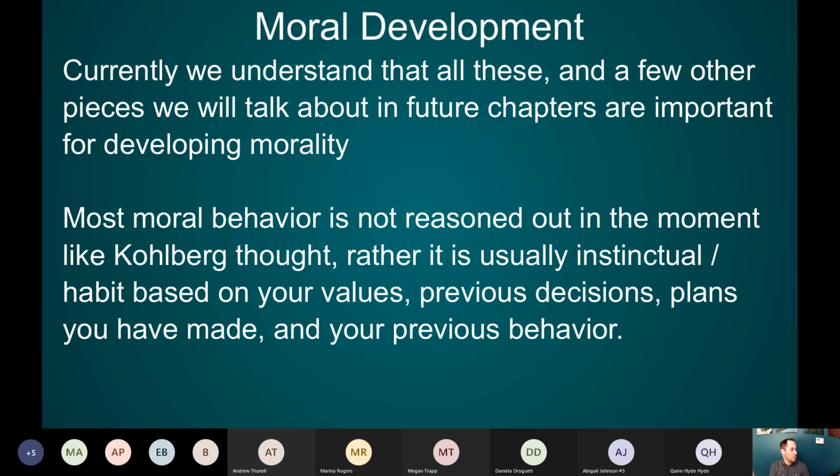With that, the last point on moral development I want to point out is this second paragraph. A lot of moral behavior that a middle child or a late child or an adolescent or an adult or late adult shows isn't actually reasoned out moment by moment. A lot of our moral behavior is actually instinctual habits that we've built and reinforced over time.